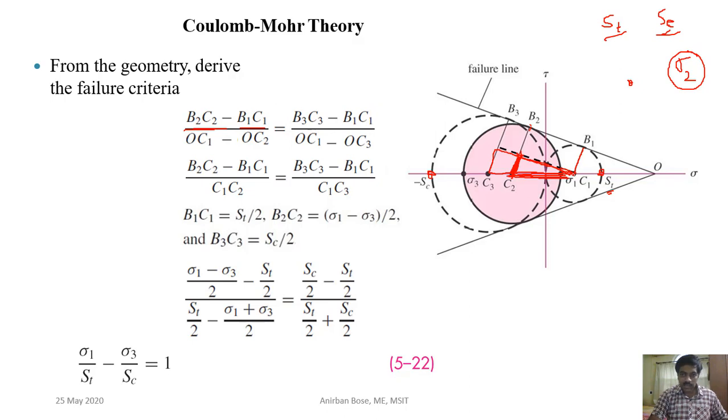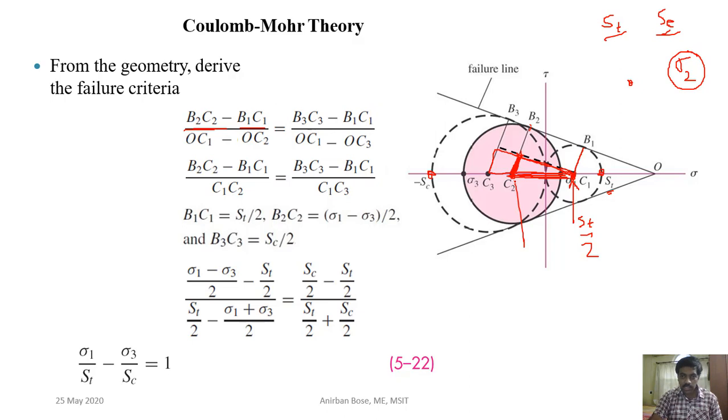This length is this point minus this point. That is simply sigma 1. What is the coordinate of this point? The coordinate of this point is ST by 2, right?